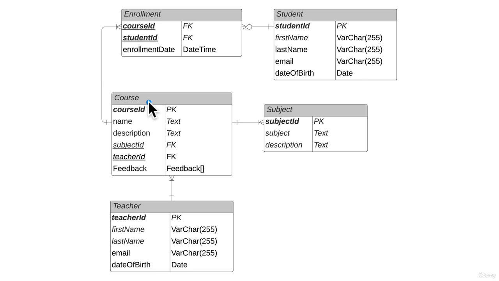And when we model a database, we have to define the entities that we want to store. An entity is a thing that we want to store. When we define that thing, we have to define what we want to store for that thing. So for a course, what we would want to store is a name, a description, a subject, and then we would want to store some feedback, for instance. That's what we would want to store for a course.